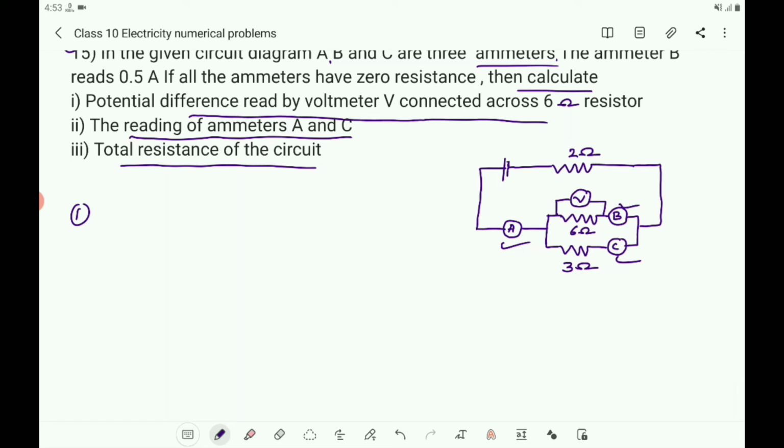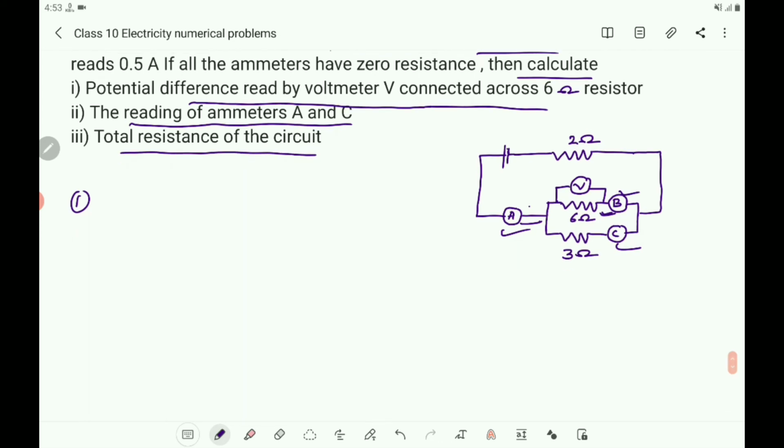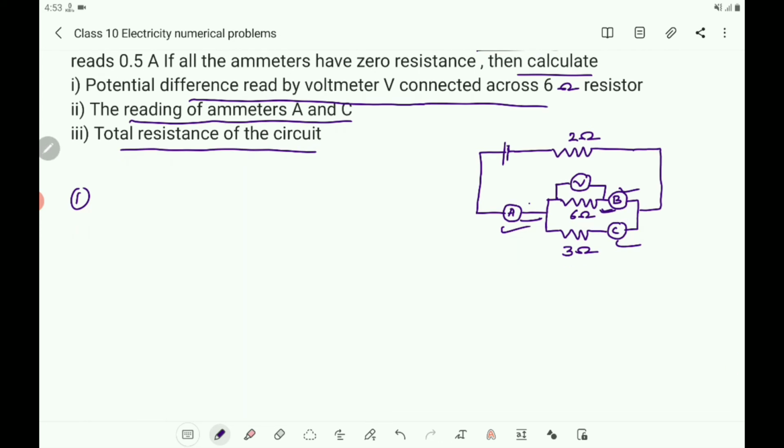Here you observe the voltmeter is connected across the 6 ohm resistor, and the same resistor is connected to the emitter B, and also here there is a connection of emitter A. So let us take first one: potential difference across 6 ohm resistor.